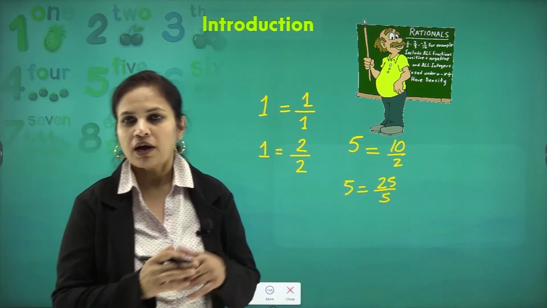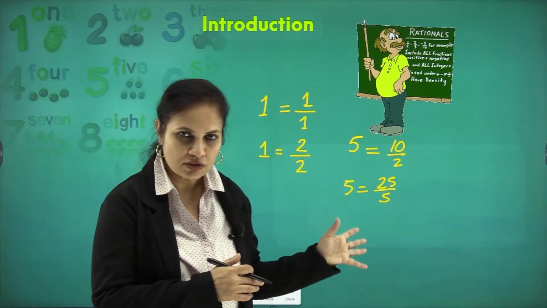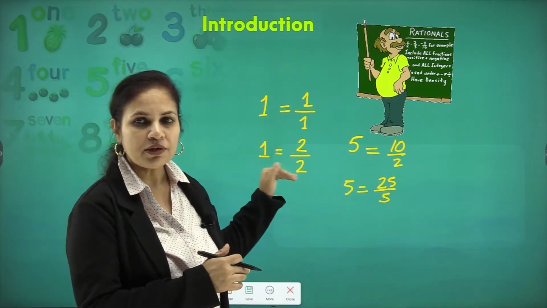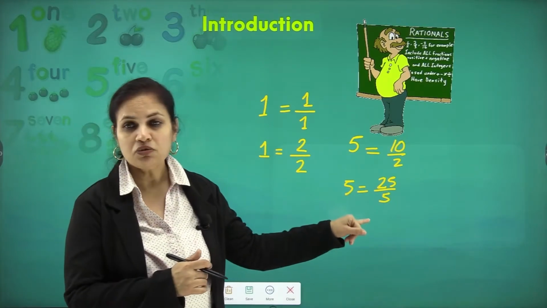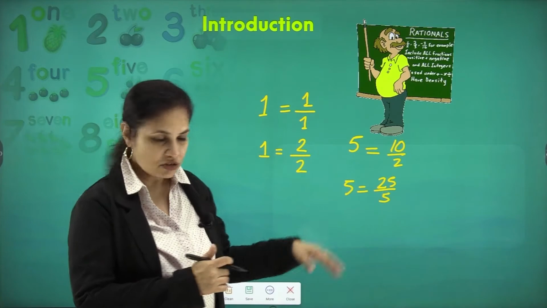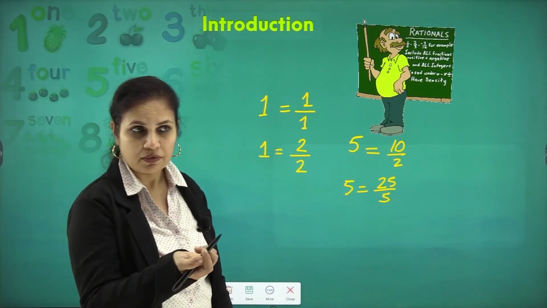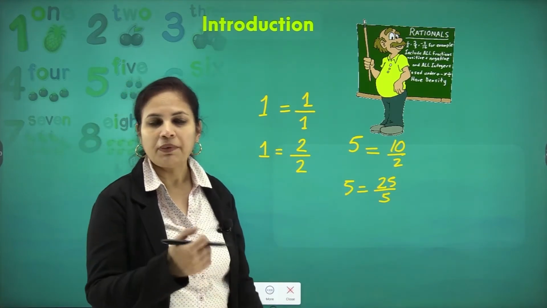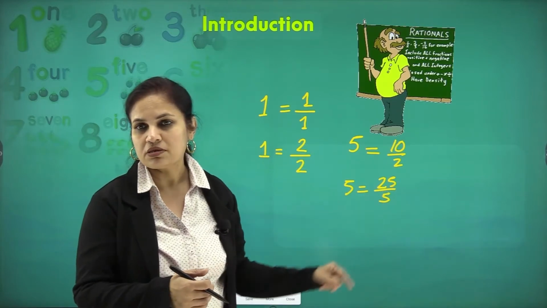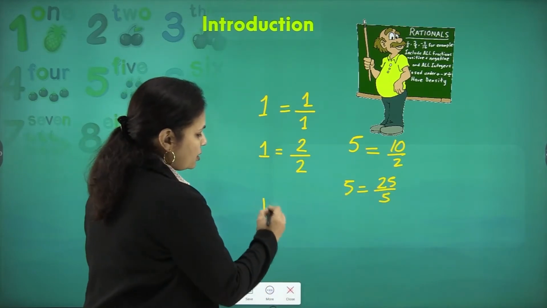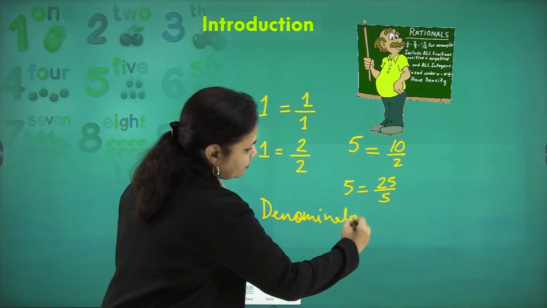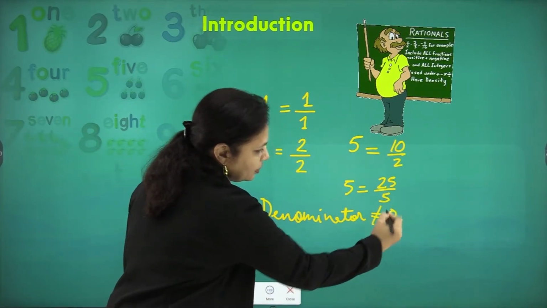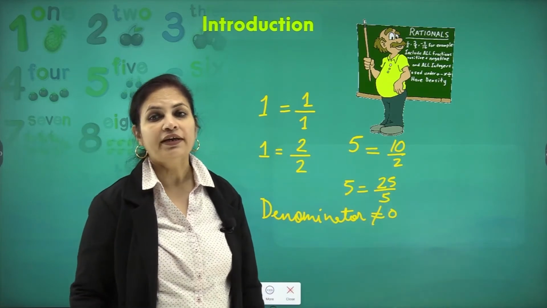This is all about how we can represent a natural number in the form of a numerator upon a denominator. The numerator can be any natural number, but the denominator cannot be 0. In that case, I will not get any defined value.